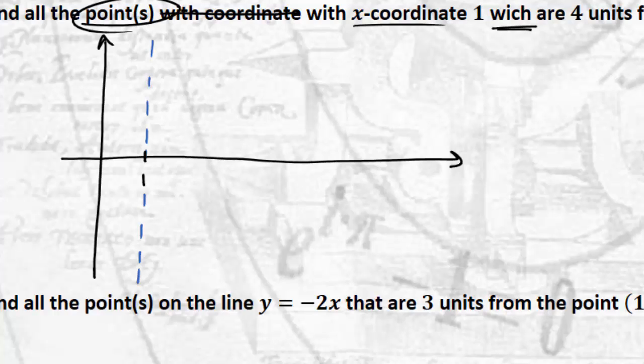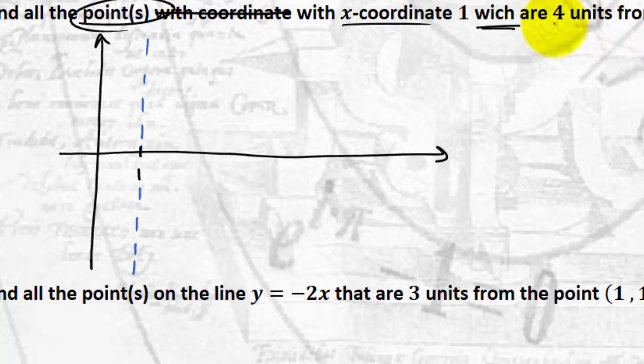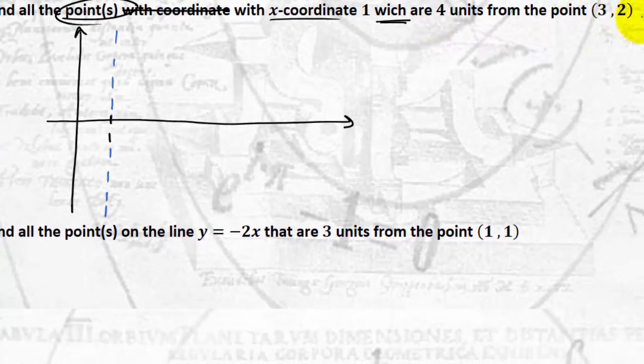All right. What do I want about them? I want them to be 4 units from (3, 2). Where's (3, 2)? Let's say 2 is right here, so (3, 2) is about here. I want to be on the blue line 4 units from this point.